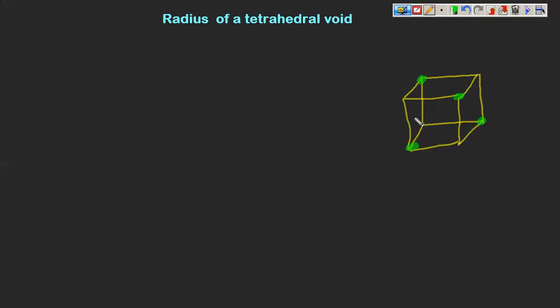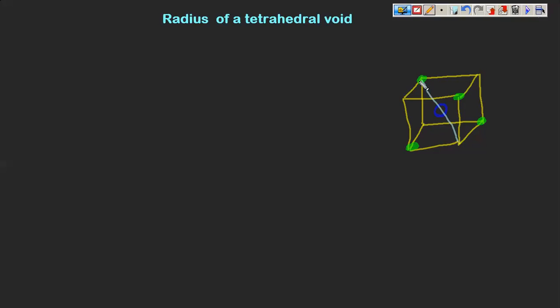These are the 4 particles which surround this blue color tetrahedral void. So this blue color particle is a tetrahedral void and we have covered it with 4 different particles. Now see, this is the body diagonal which is passing through the void.